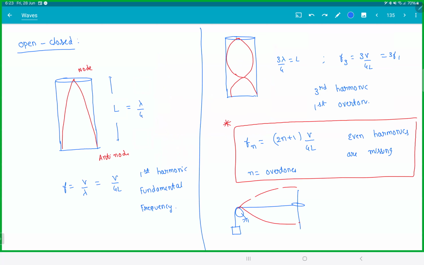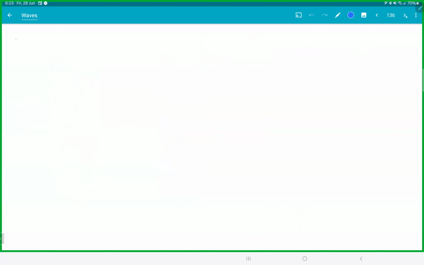Next thing. Now in this thing, there is something called an end correction. The thing is, even though we say the open end is a pressure node, the problem is when the compression comes or rarefaction comes, it pushes the atmosphere slightly outside. So the pressure node exactly does not form on the open end.